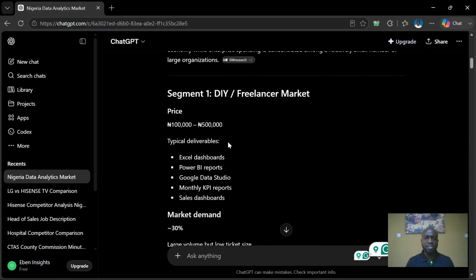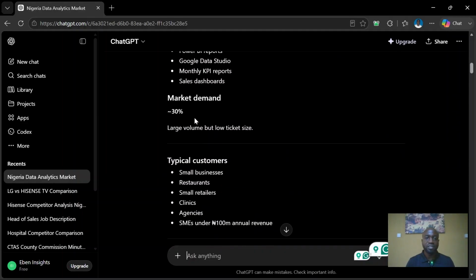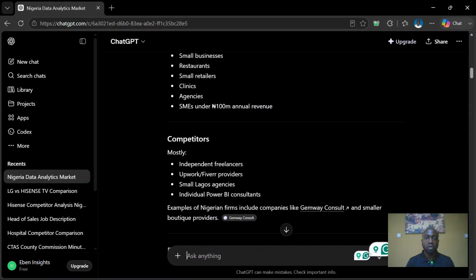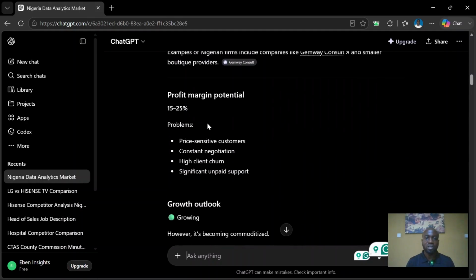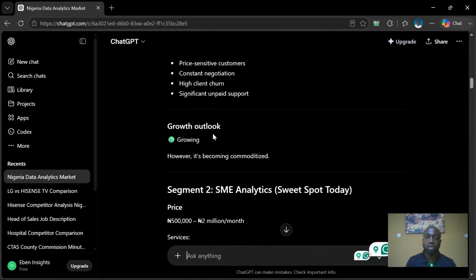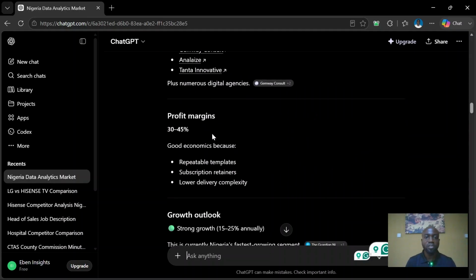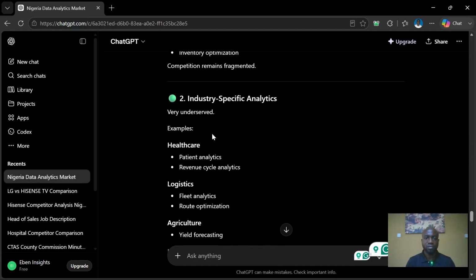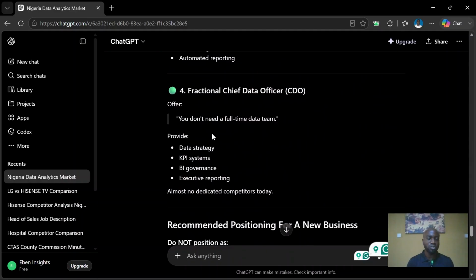Then it goes into details for each segment: their price point, the deliverables, the typical customers, the competitors, the profit margin, and the growth outlook. So we did it for each of the segments. Now, when you're looking at these results, you can decide which of these segments you have to base your own price point on, and if you have the opportunity to compete at this price point.